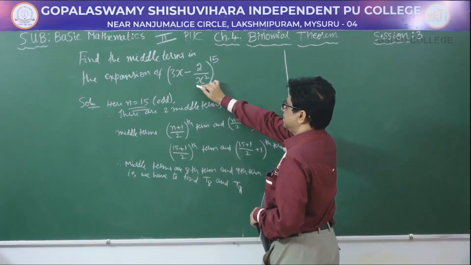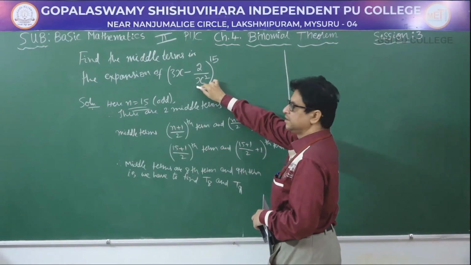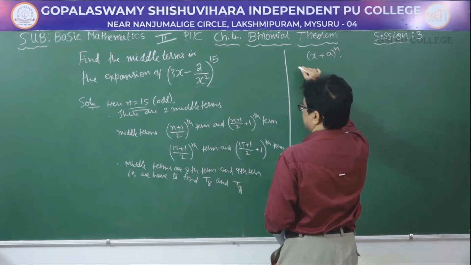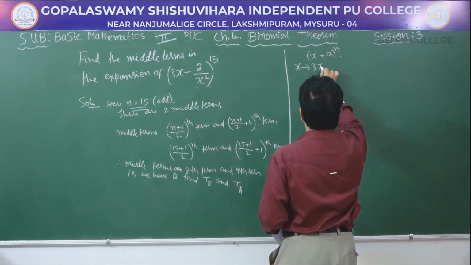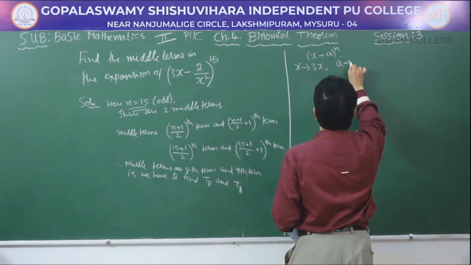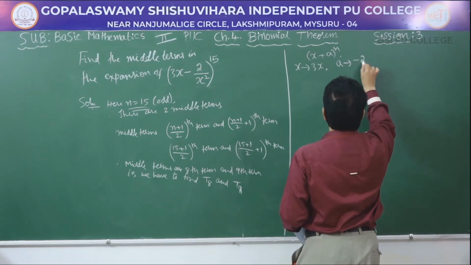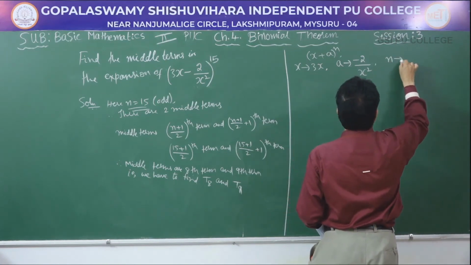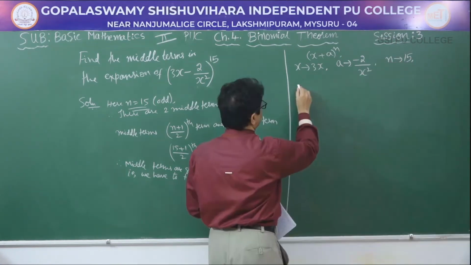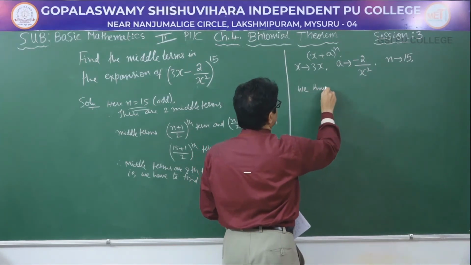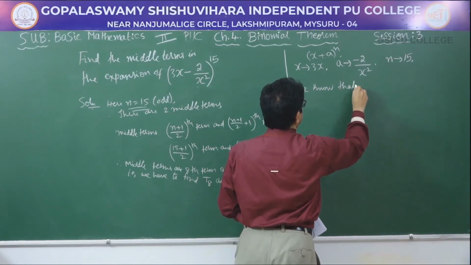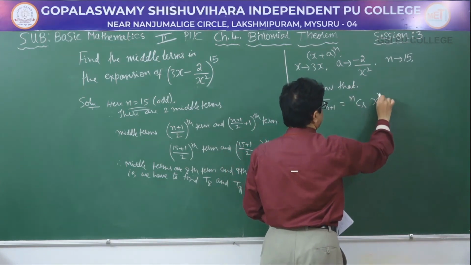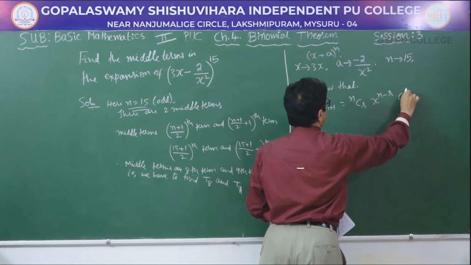So, comparing the given expansion with (x plus a) whole power n, we have x is 3x and a is minus 2 by x square and n is 15. We know that T(r plus 1) is equal to nCr into x power n minus r into a power r.